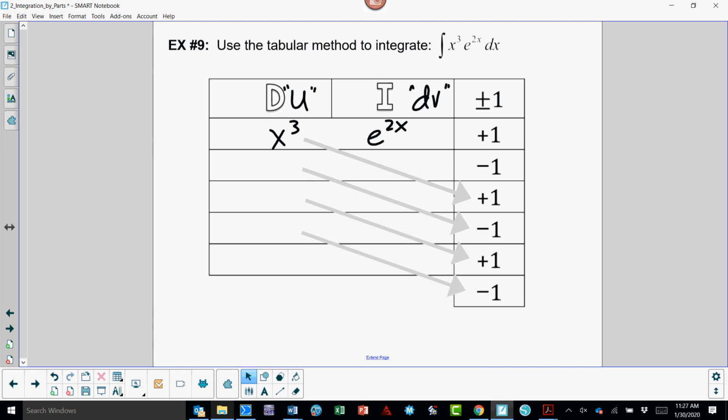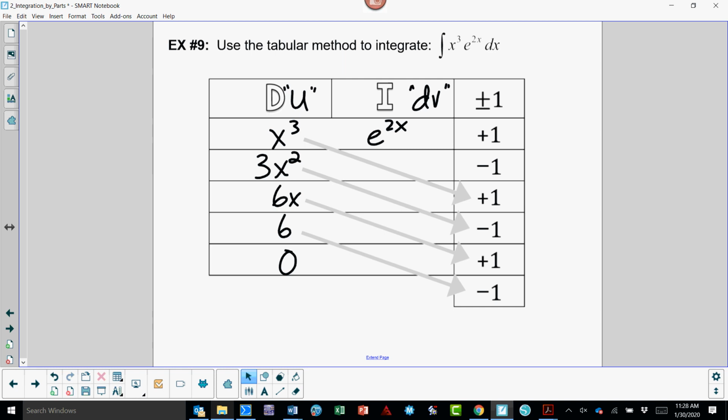Then I'm going to take all my derivatives, the derivative each time. This is 3x squared, then 6x, then 6, and then 0. Once that derivative comes down to 0, I know I have the last thing I need to do. Now I'm going to integrate on the right.